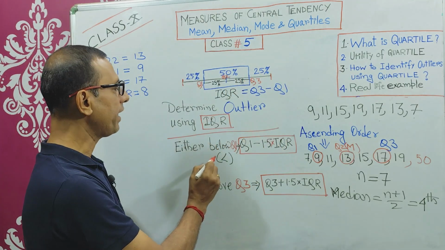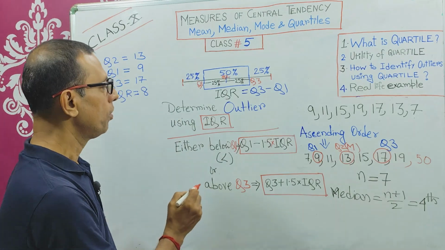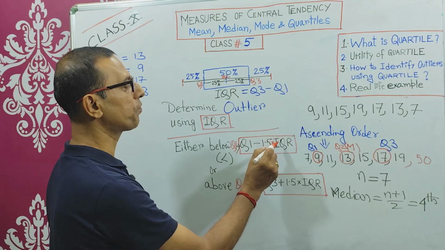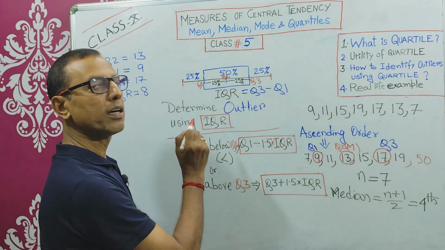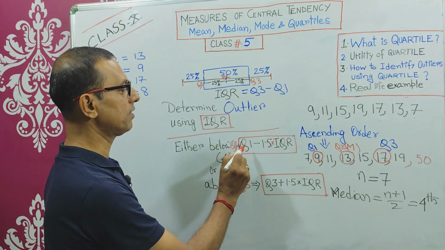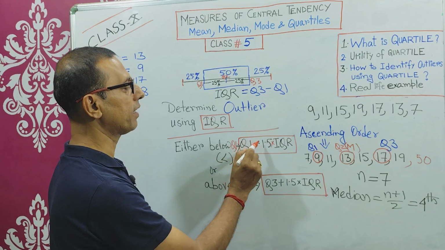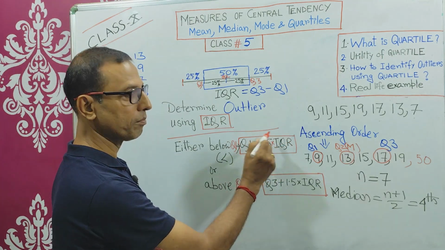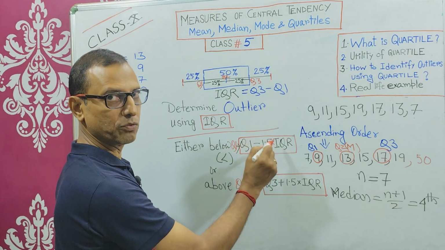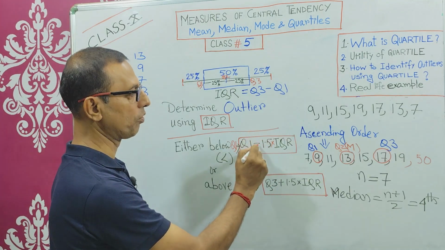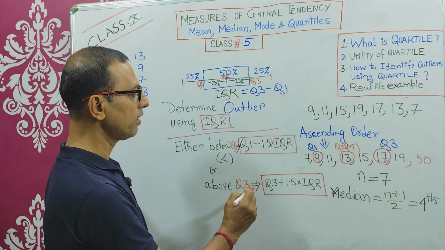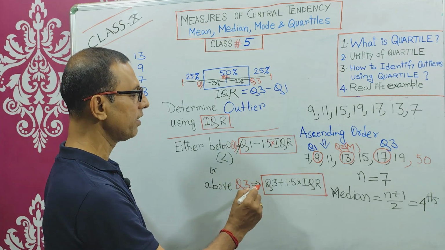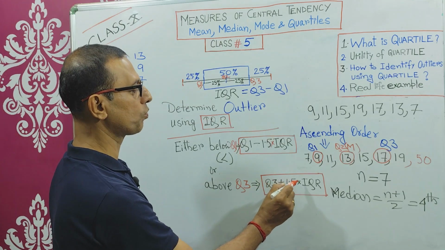When it is extremely low, what is the measurement? Q1 minus 1.5 IQR. If the value is below Q1 minus 1.5 IQR, that is the border value for the lower outlier. And for the higher side outlier, the limiting value is Q3 plus 1.5 IQR.